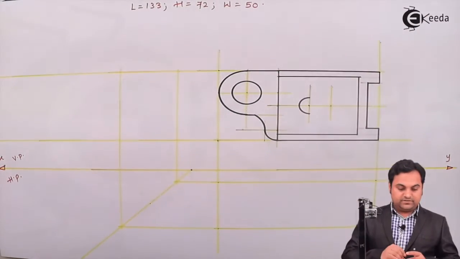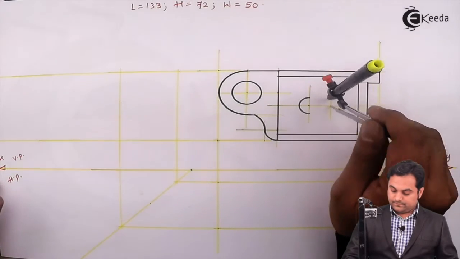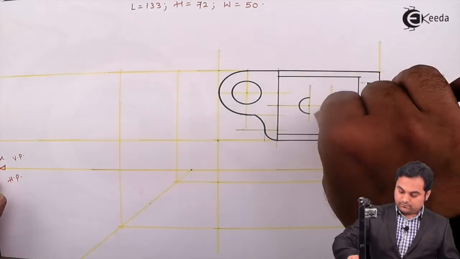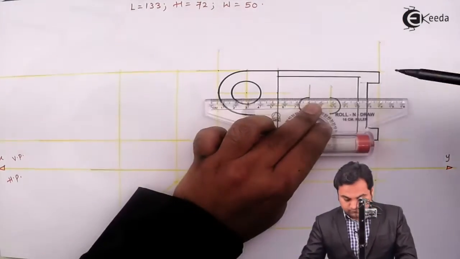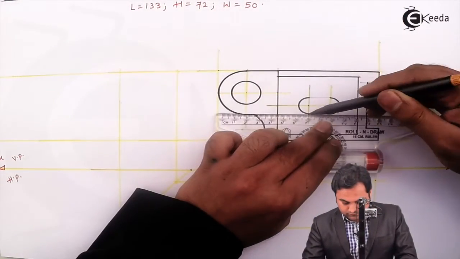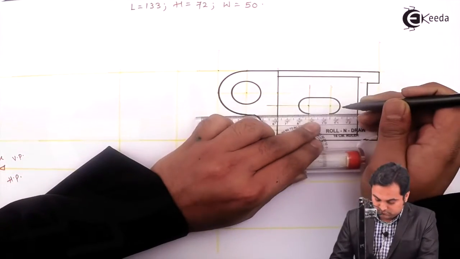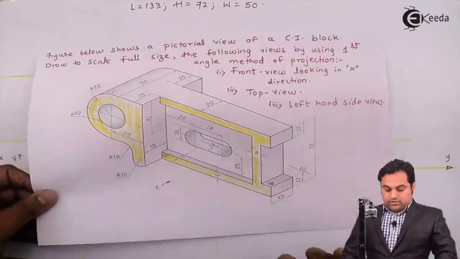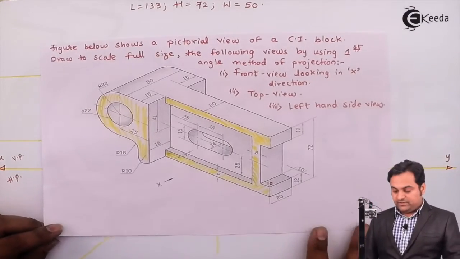Another semicircle of the same radius. Center is this. After this surface, here I can say that the front view has been completed.